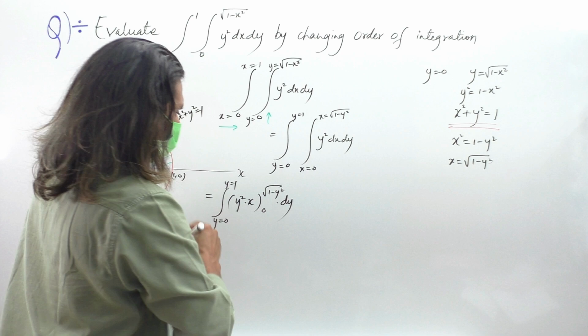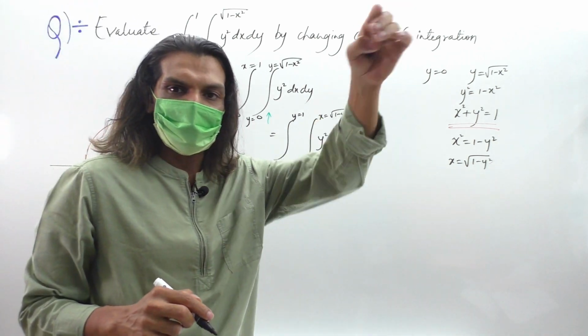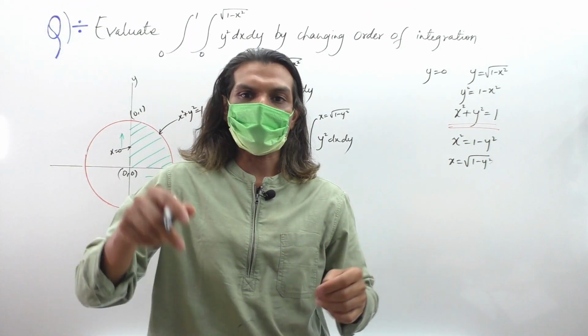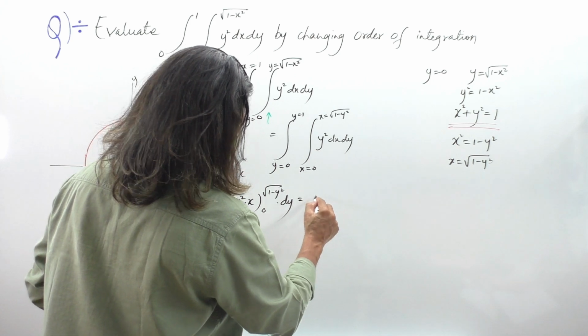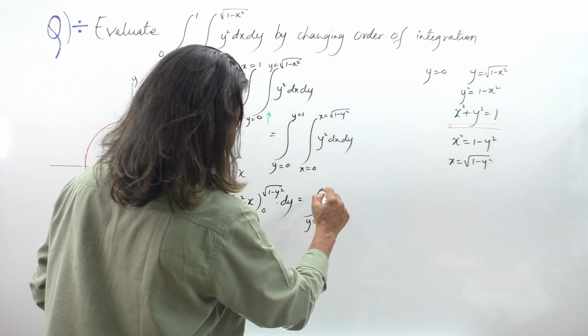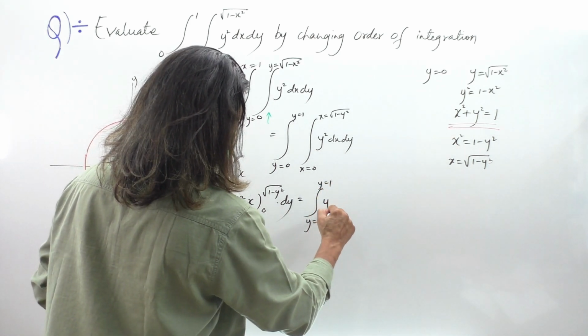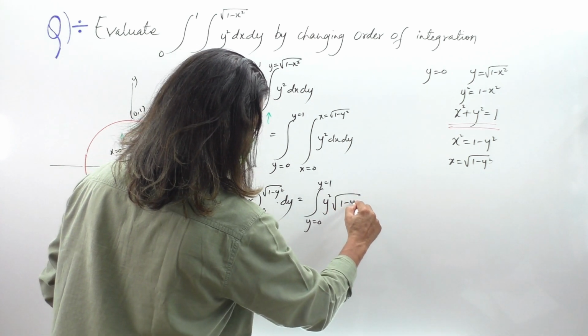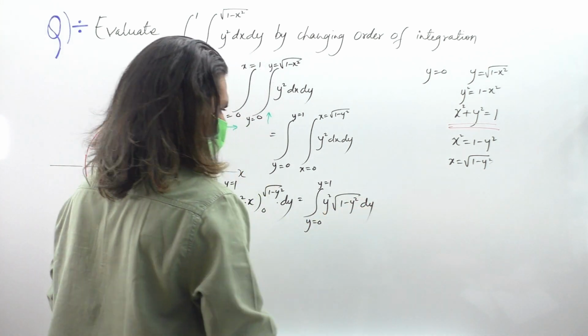Now in place of x, put the top limit root of 1 minus y square and the bottom limit 0. So we get the integral from y is equal to 0 to y is equal to 1 of y square into root of 1 minus y square dy.